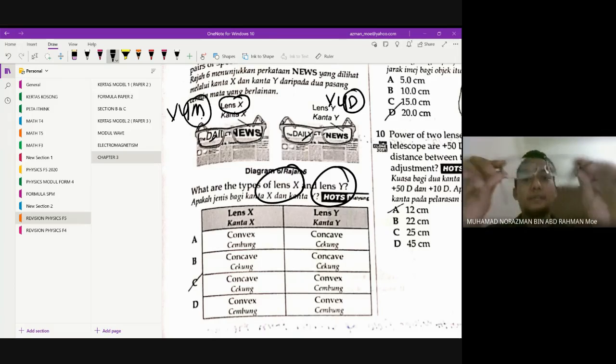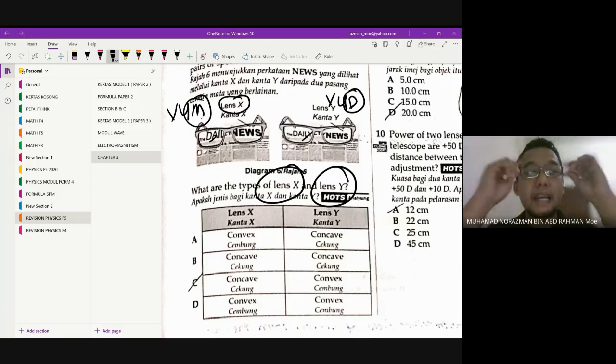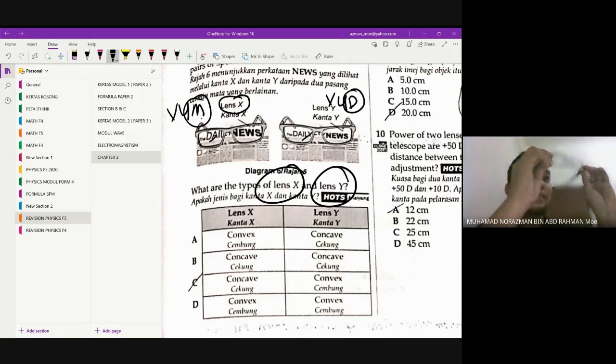Kalau kita pakai ni semua ni virtual. Okay, kita pakai baru we look at through the lens, that's when we can see the image. If we do not look at through the lens, we cannot see the image. Itu karakteristik virtual. If real, if we do not look through the lens pun kita dah boleh nampak. Kita boleh nampak on screen.